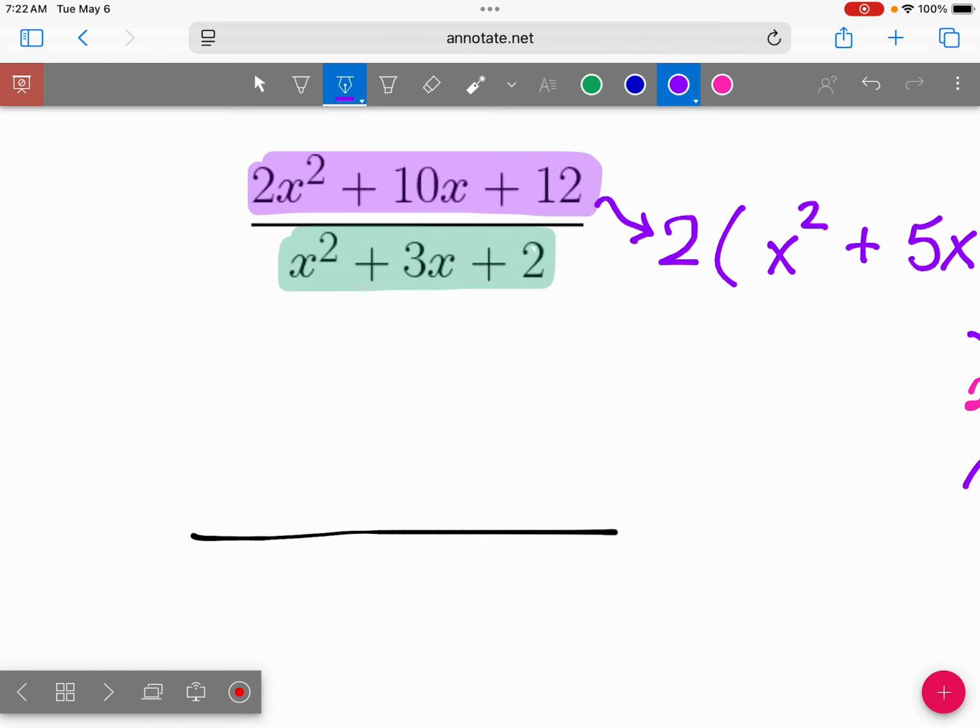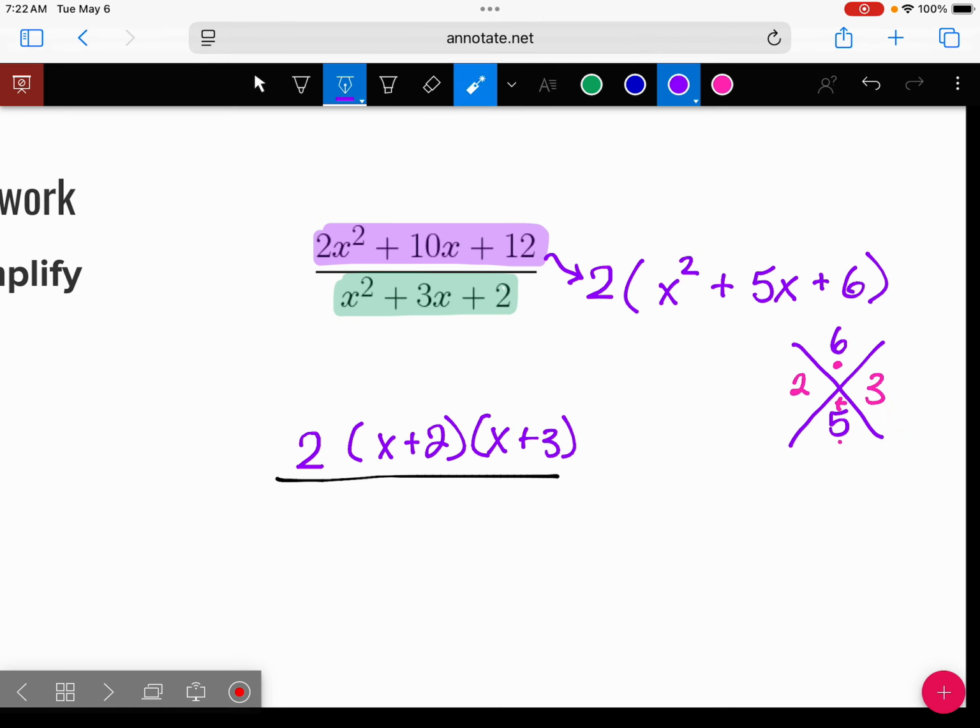So we can factor the numerator: that 2 is going to hang out in front. Then we have our x with our positive 2, and x plus 3. We pulled out a greatest common factor of 2. So if I divide 2x squared by 2, we get our x squared. 10x divided by 2 gives me 5x. 12 divided by 2 gives me the 6. So if I was to redistribute this 2 through, I'd get exactly this.